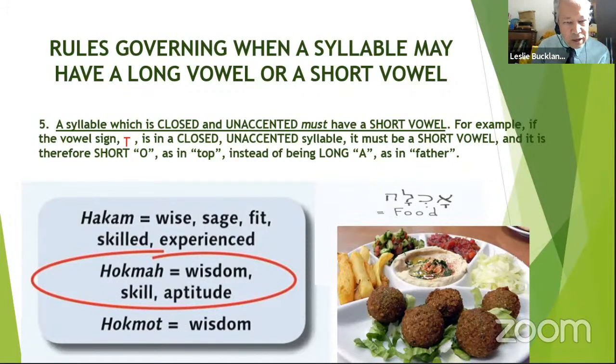And over on the left, it is hok, but it is not hak. Kokma or hokma means wisdom, skill, or aptitude. It's a common word in the book of Proverbs, which speaks a lot about the wisdom of God.